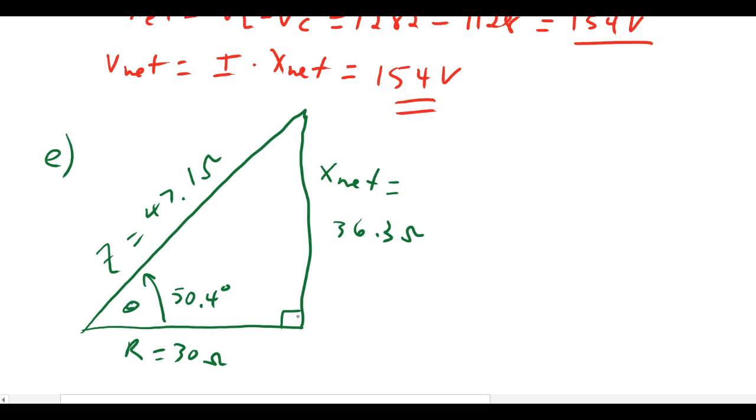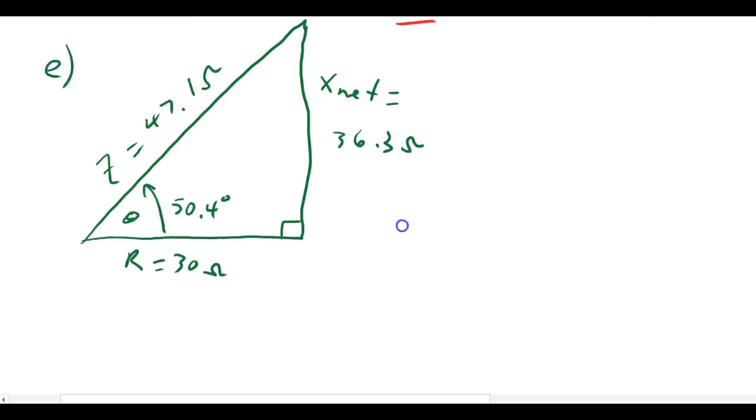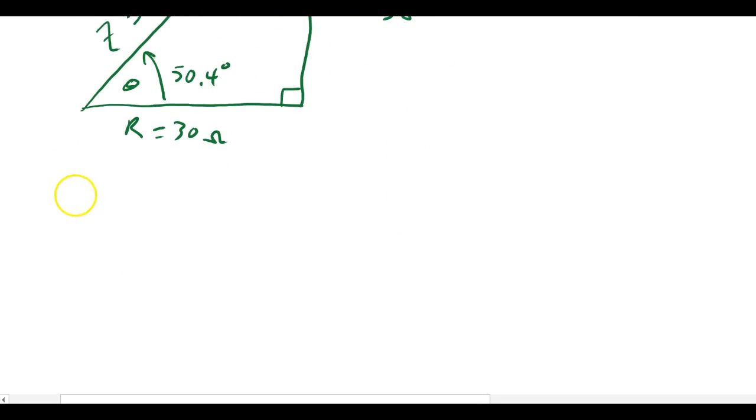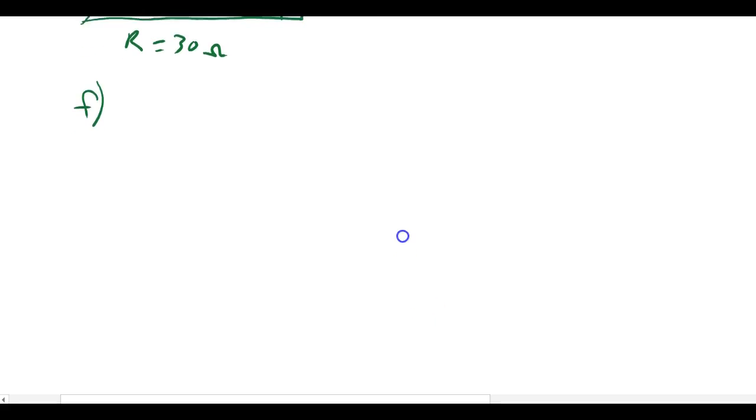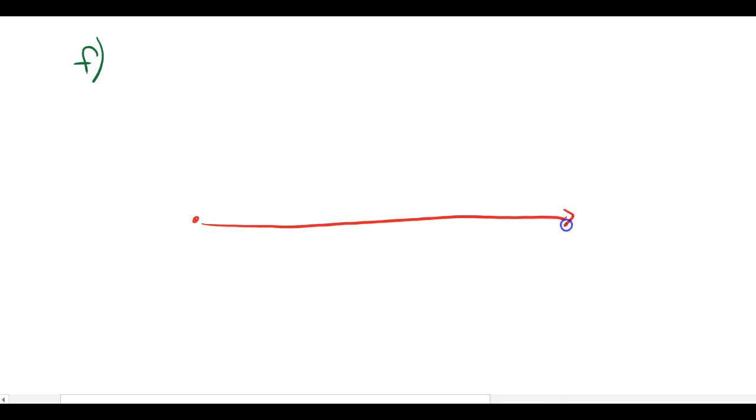Okay, part F now asks us to sketch the phasor diagram. The phasor diagram is a little different. It's not really a triangle, and so on the phasor diagram I would expect to see the voltage across each component shown, as well as the current and V net. And so for the phasor diagram then, let us include the current as the reference.